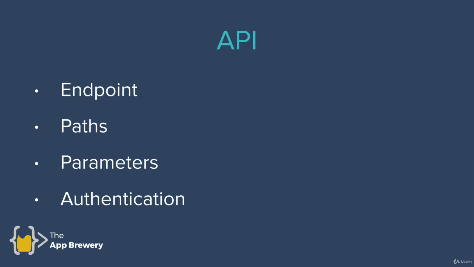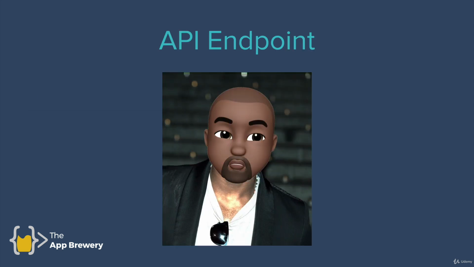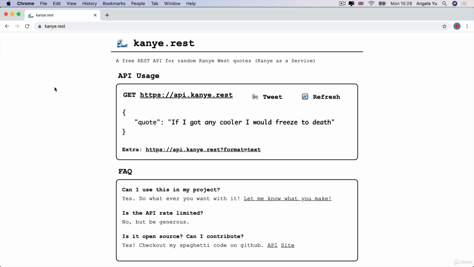The first thing I want to show you is an API endpoint, and every API that interacts with an external system, like a server, will have an endpoint. So who is this in the photo? Well, it's our friend Kanye West. This is a free REST API for random Kanye West quotes.